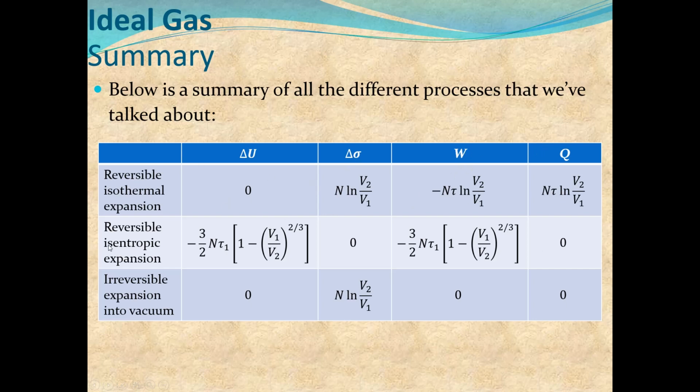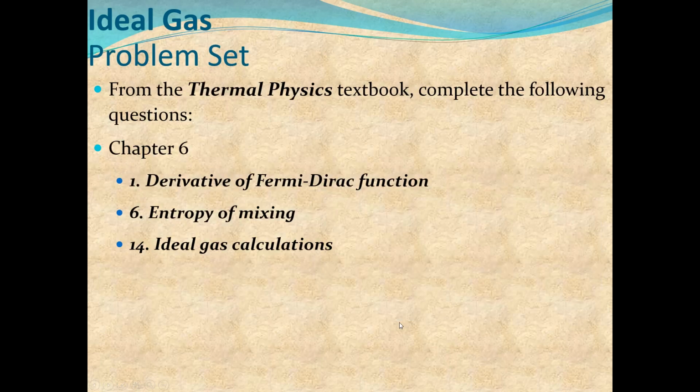A lot of these come from the first law of thermodynamics, setting them equal to each other. The other one was this, the irreversible expansion to vacuum. That was the one that I called the free expansion, the one where pretty much everything was zero. It's almost like a combination of the reversible isothermal and the reversible isentropic expansion together. And that's pretty much it.